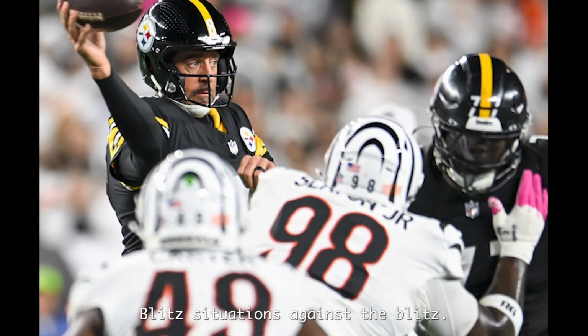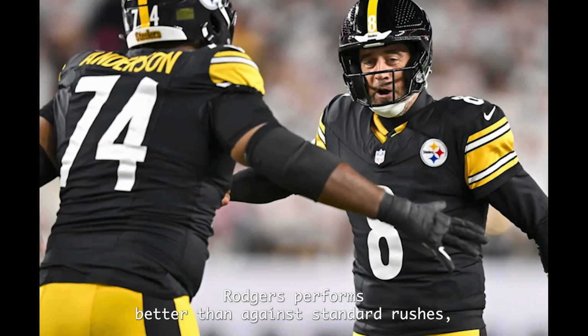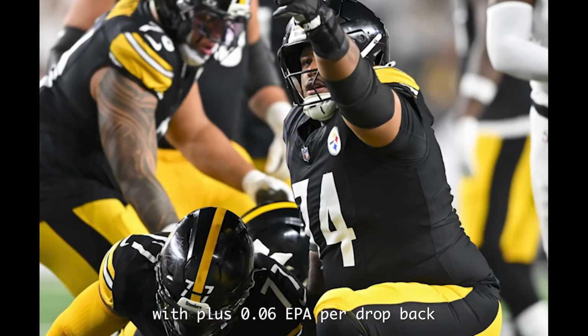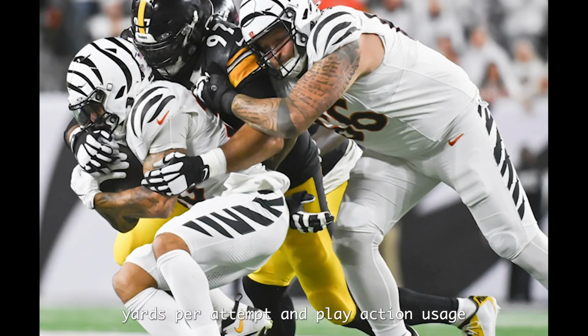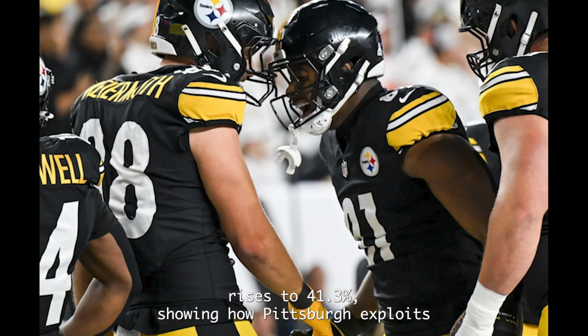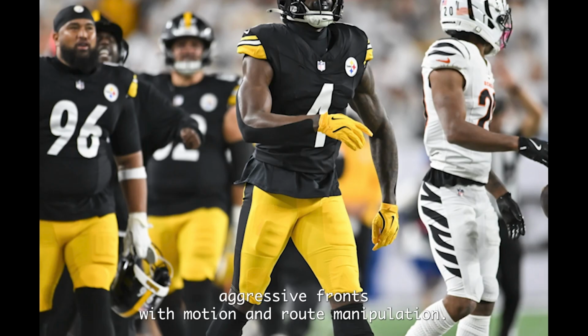Blitz situations. Against the blitz, Rodgers performs better than against standard rushes, with plus 0.06 EPA per dropback and a plus 3.6% CPOE. His average target depth increases to 6.0 air yards per attempt, and play-action usage rises to 41.3%, showing how Pittsburgh exploits aggressive fronts with motion and route manipulation.